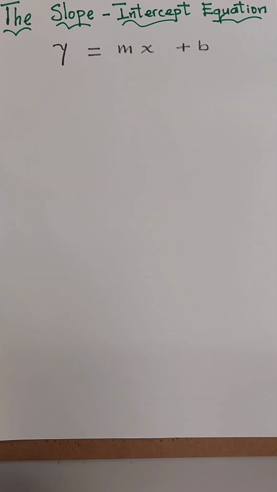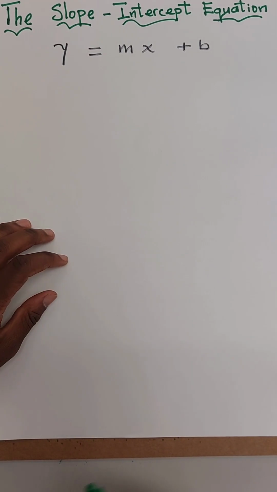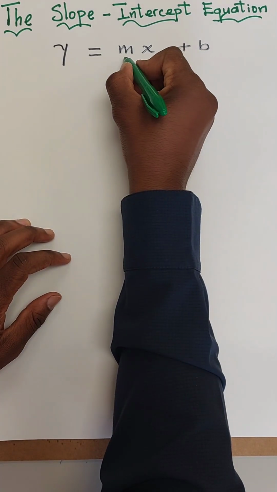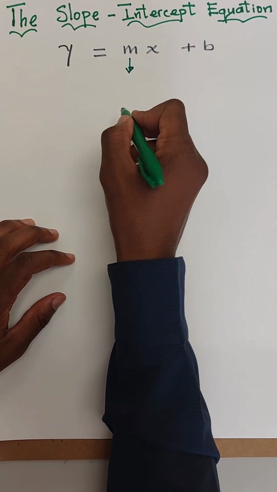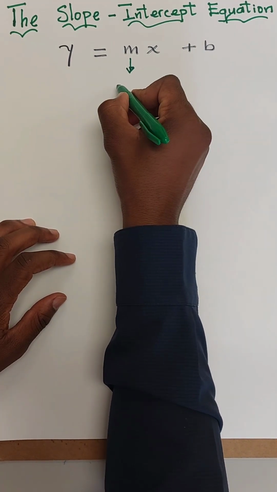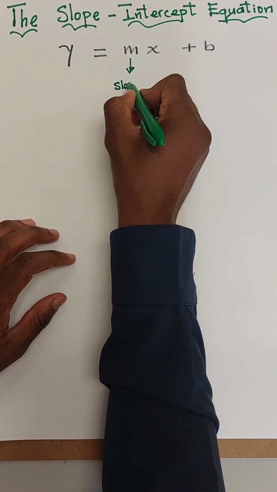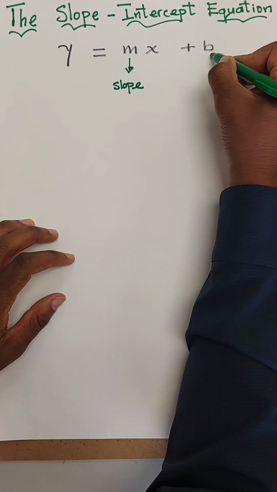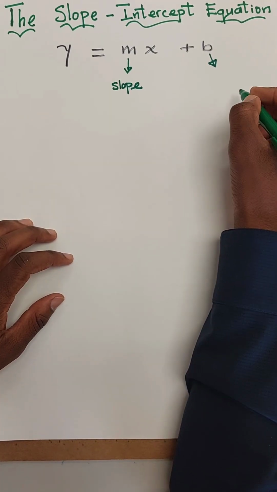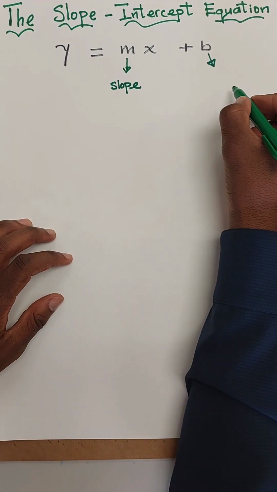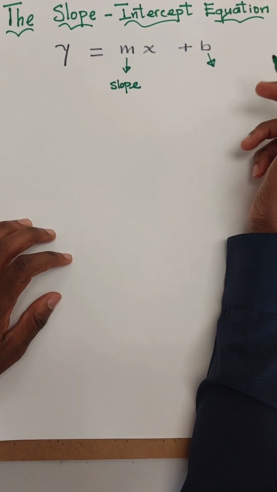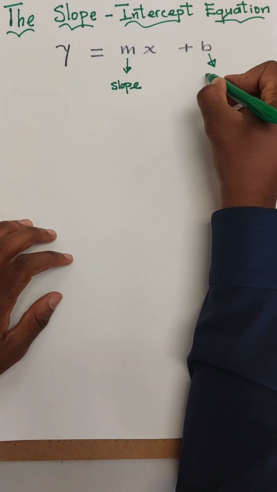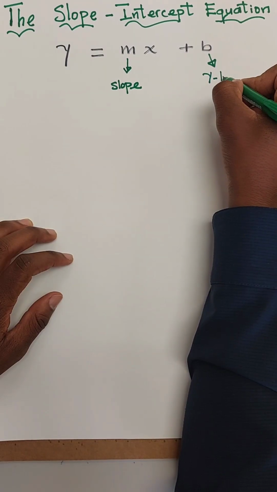This is a very useful form, as when the equation is in this form, we can tell that the coefficient of x, or the number that multiplies x, is the slope, and the constant term, or the number that is not associated by multiplication to x, is the y-intercept.